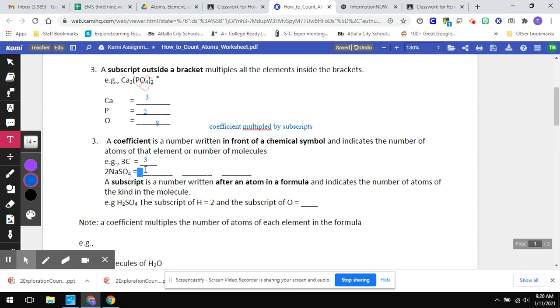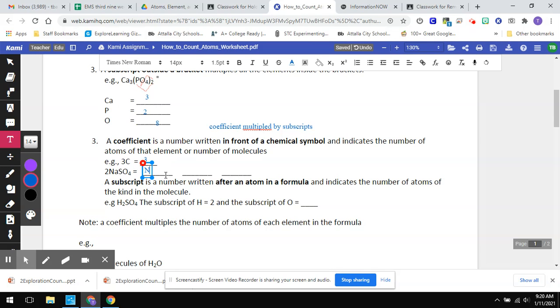For this, I'm going to go ahead and type what the elements are first. So we have Na, then we have S for sulfur, and we have O for oxygen. And then we would need to do our counts on those. So for the Na, we're going to have to go coefficient times subscript.